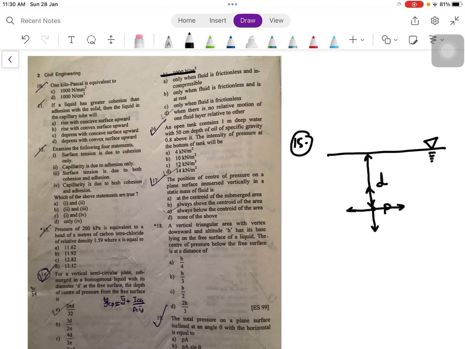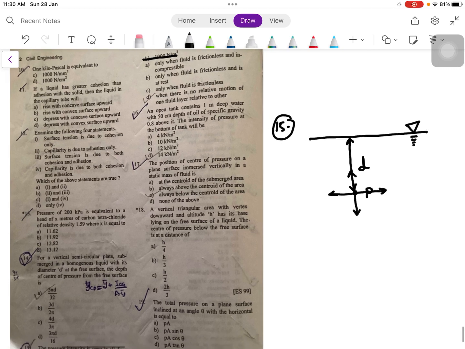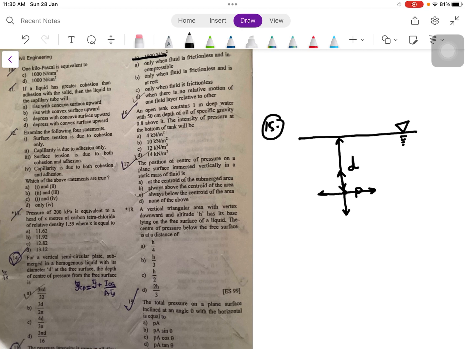When the fluid is at rest or it is moving as a rigid body.